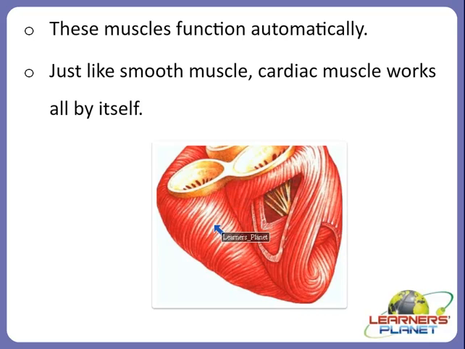These muscles function automatically, just like smooth muscle, cardiac muscle also works all by itself. So just remember, out of these three muscles, skeletal muscle is the only one which is voluntary, and the rest, smooth and cardiac muscle, are involuntary, means their actions are not controlled by us.